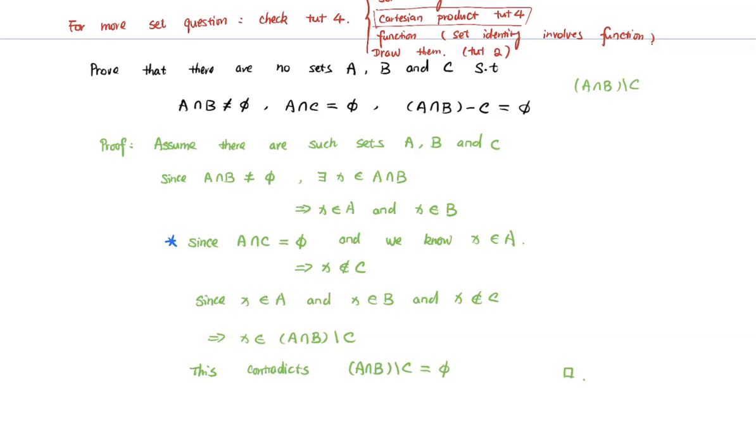Isn't there a contradiction in the middle? Where is a contradiction? X is in A and X is in B. And if the last statement is true, X must be an element of C, which is a contradiction to the previous.